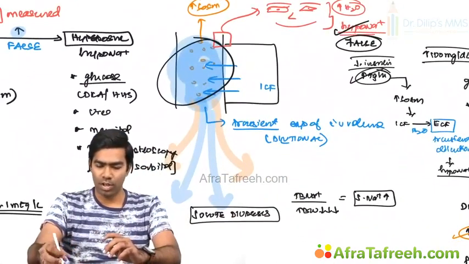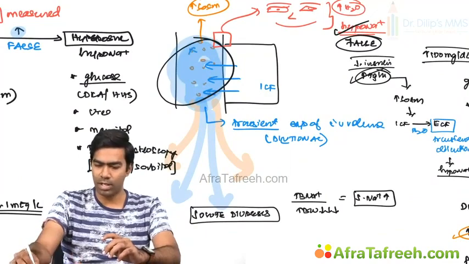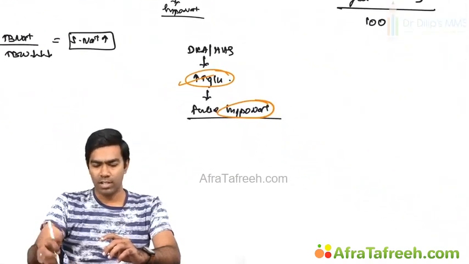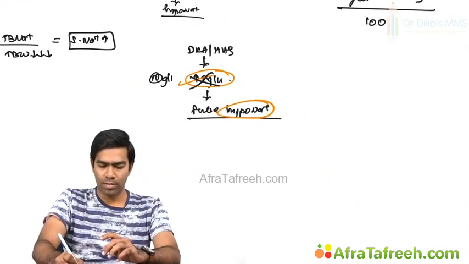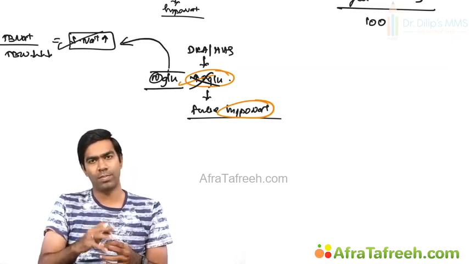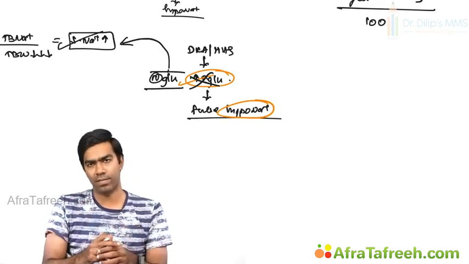Now let us assume this osmolar substance is no longer present in the blood, which means you have normalized the serum glucose by giving insulin or doing something. Now this glucose will no longer exert an osmotic effect, and can no longer pull the water back into the intravascular compartment, so it no longer causes the transient dilution and transient hyponatremia. And once the glucose is normalized, the hypernatremia starts surfacing, which means the hyperosmolarity and its true face will start surfacing in the patient.